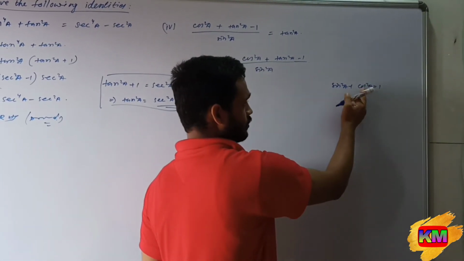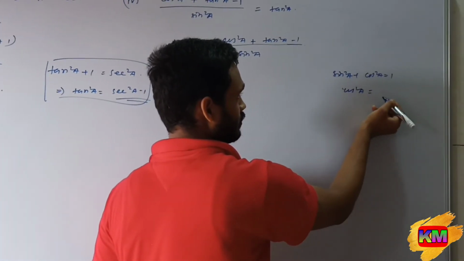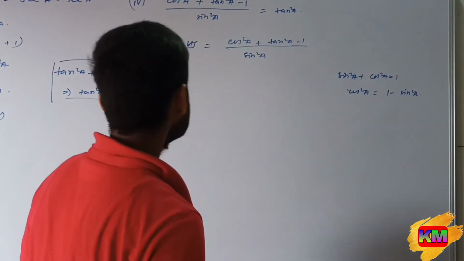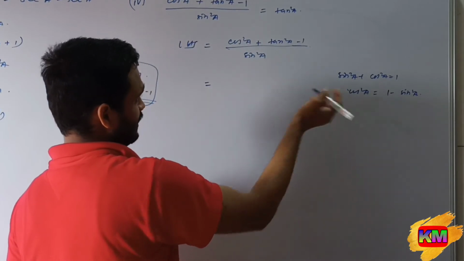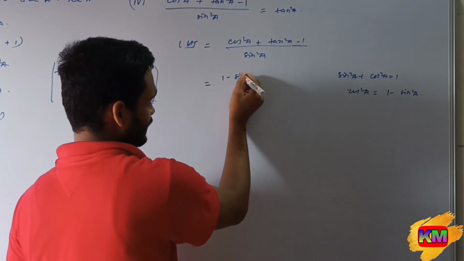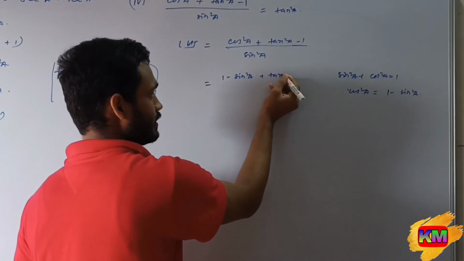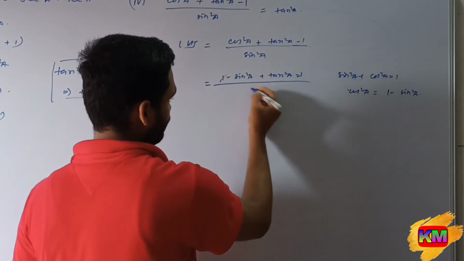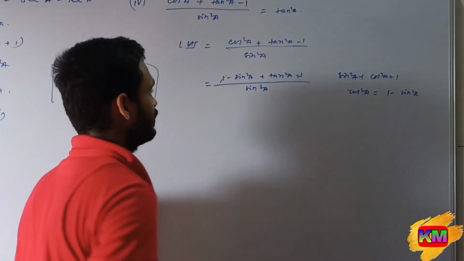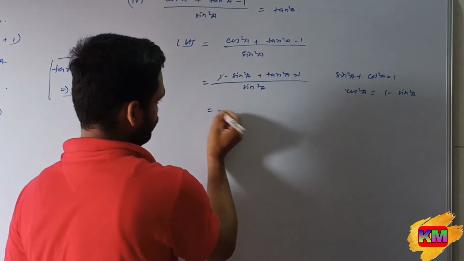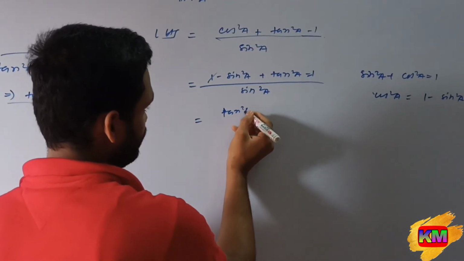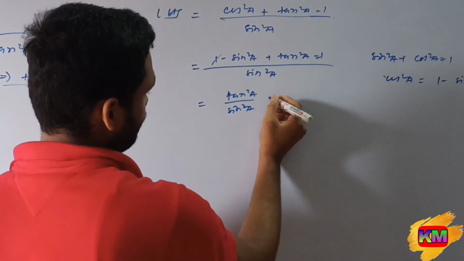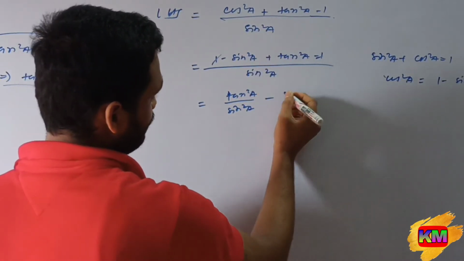So from here we can get cos squared A equals 1 minus sin squared A. Okay, so we can write cos squared A equals 1 minus sin squared A. So it will be 1 minus sin squared A plus tan squared A minus 1. 1 minus 1 will be 0, and here sin squared A. So it will be tan squared A upon sin squared A minus sin squared A divided by sin squared A, it will be 1.